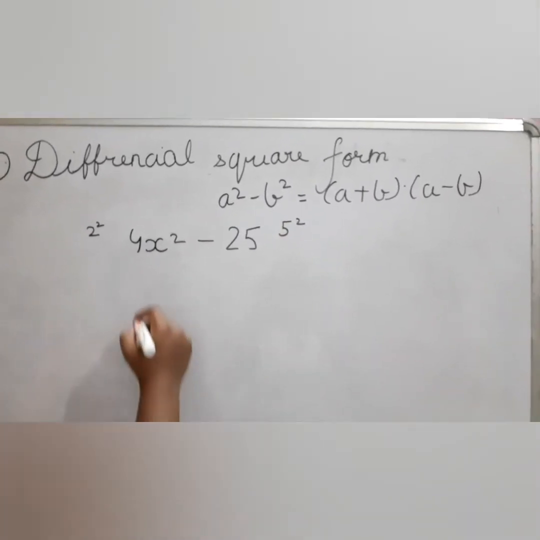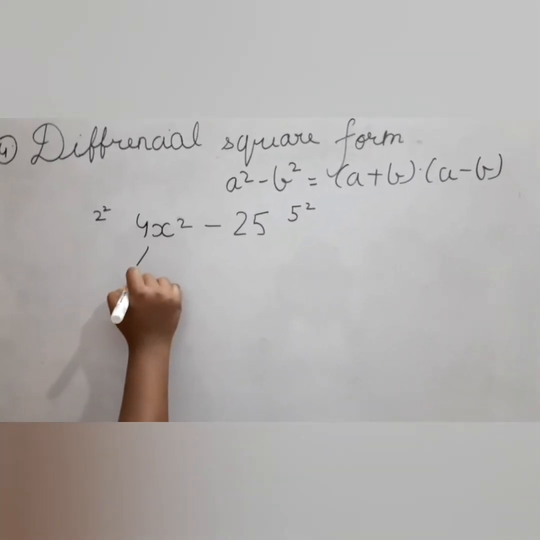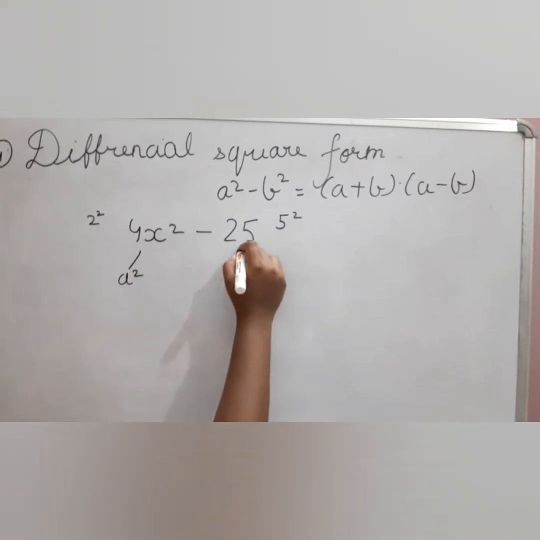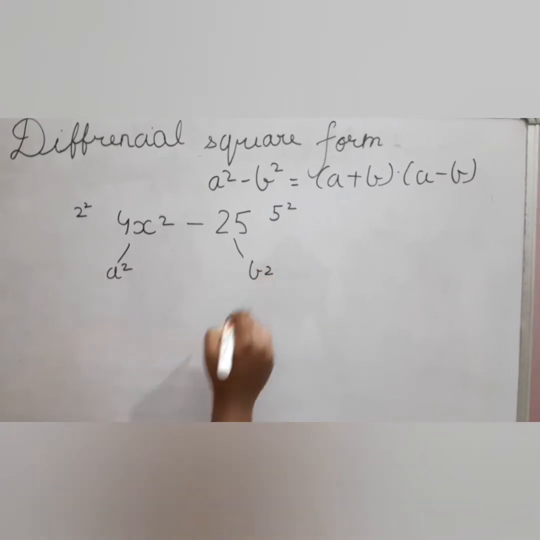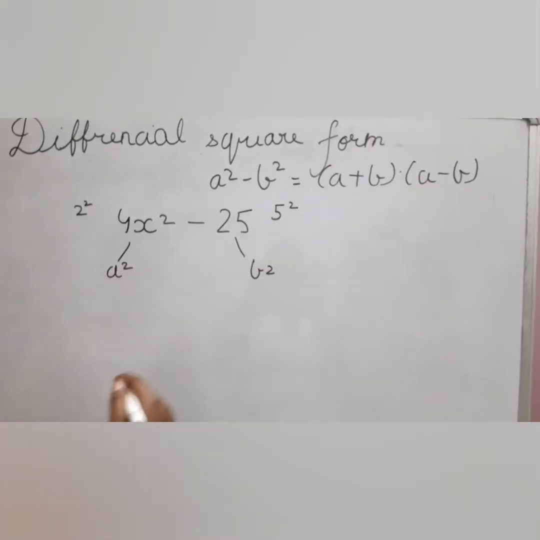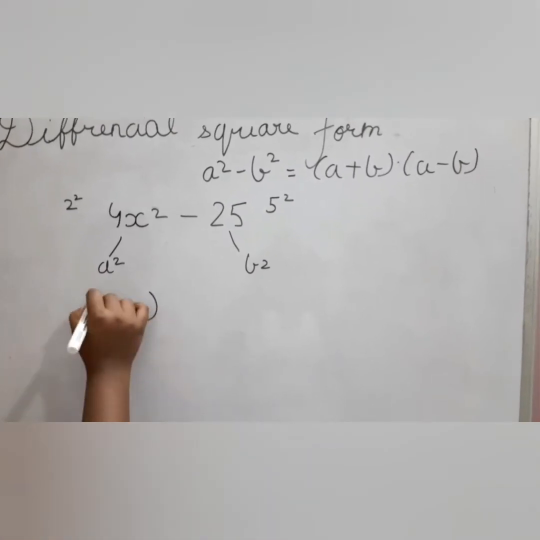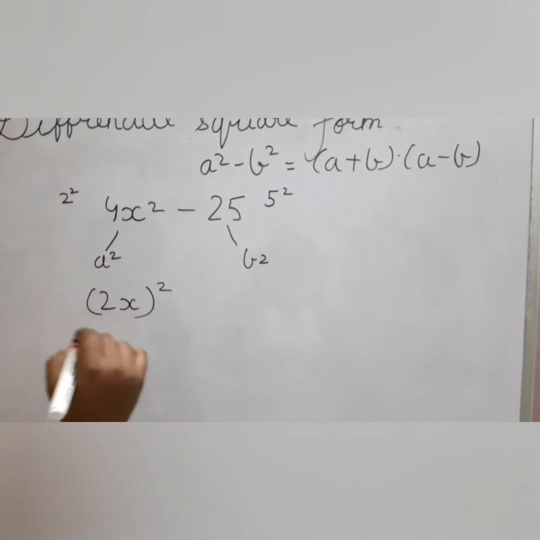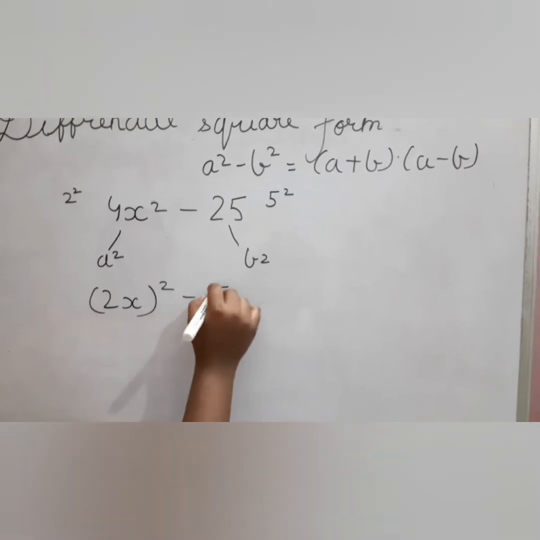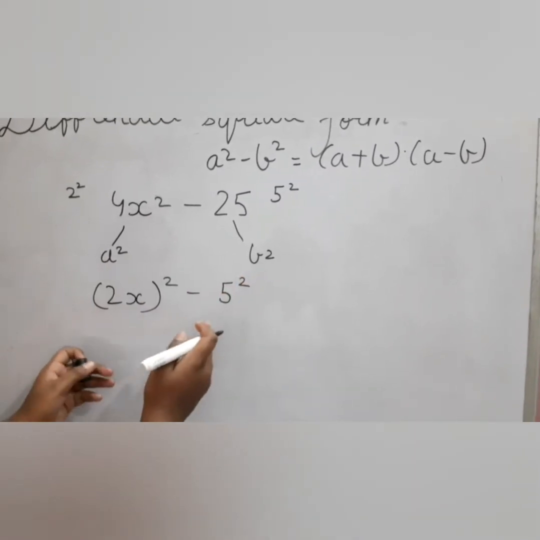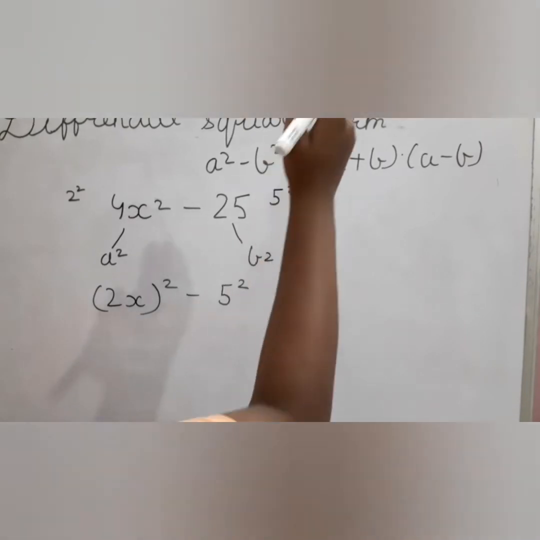Okay. Now we can recognize it as a square and this is b square. Now we can write it in this form. So to make it simpler, we can write it as 2x whole square minus 5 square.